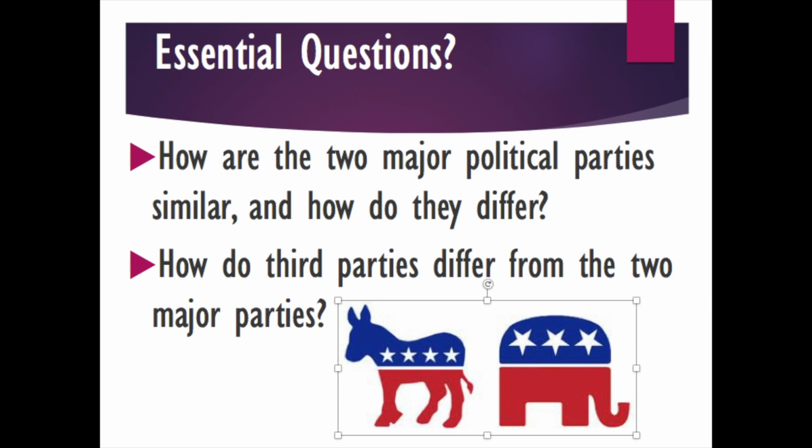Just take a moment to evaluate how many similarities your text mentions about the 2 major political parties. Before we even jump into that though, what are the 2 major political parties? I'll give you a hint. Starts with a D. The other one starts with an R. Got it? What is it?